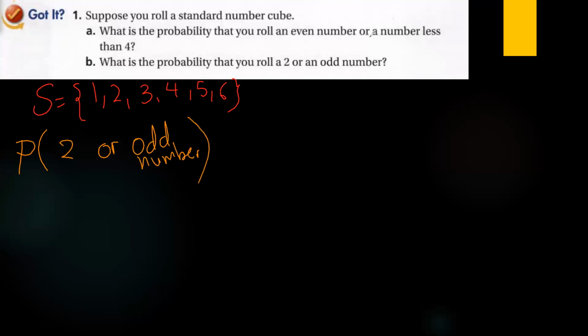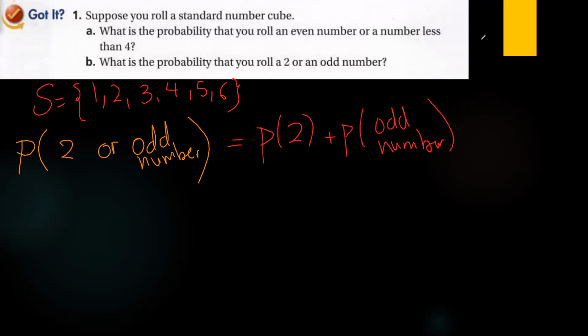Now remember, I have the word or, mutually or not. So then I will write the formula: probability of 2 plus probability of odd number minus probability of 2 and odd.